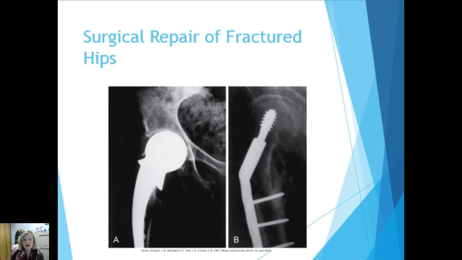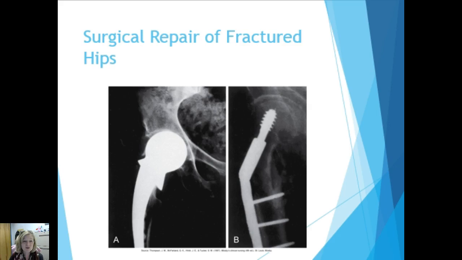So surgical repair of fractured hips, there are two types, and it can be an internal fixation. The one here in A is where the whole head has been replaced, and that's called a femoral head endoprosthesis.